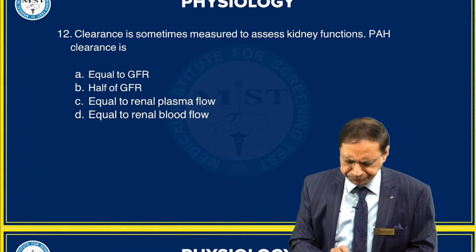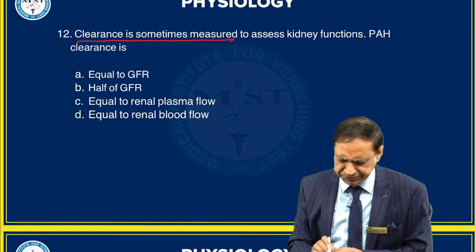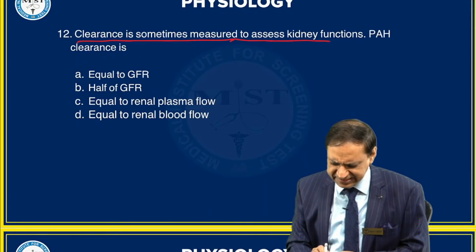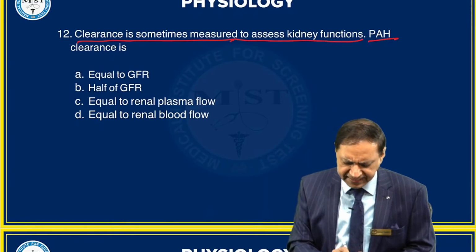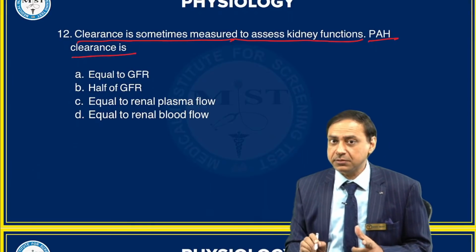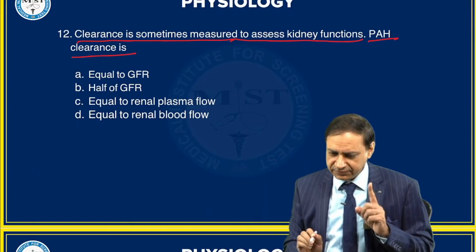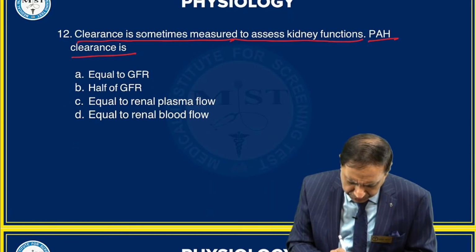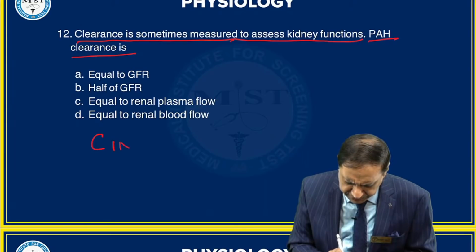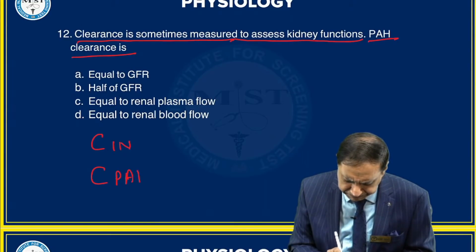Just see this question. Clearance is sometimes measured to assess kidney functions. I have repeatedly told you to mug up two things. One is inulin clearance and second is PAH clearance.